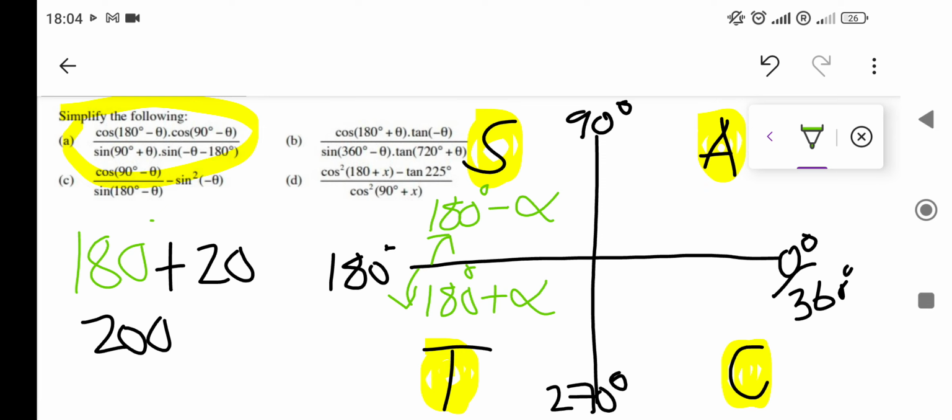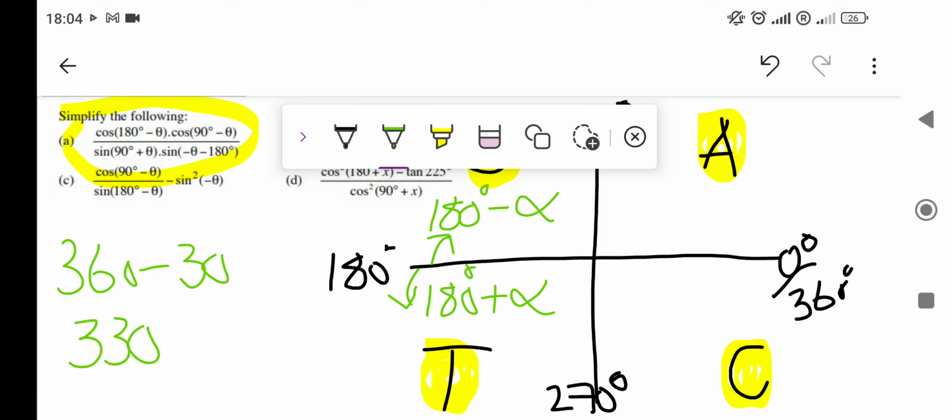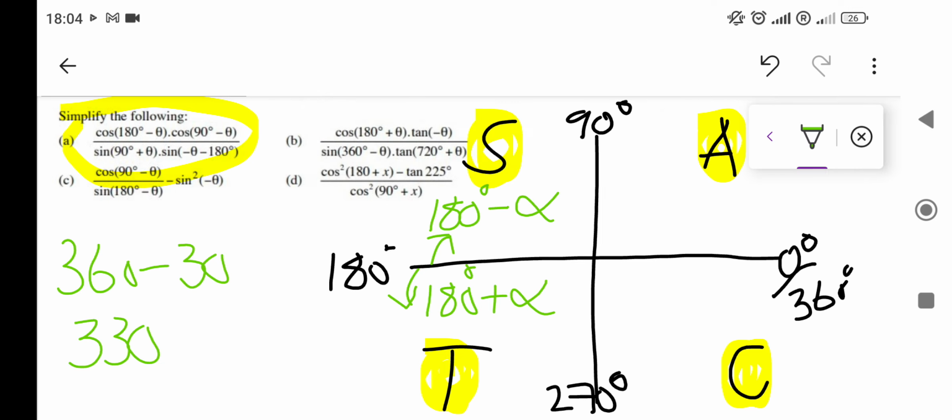Then if we look at 360 degrees, if I say 360 minus a certain acute angle, let's go with 30, so 360 minus 30 is 330. If I measure from my positive x-axis anti-clockwise 330 degrees, I'll probably end up with something over there. So 360 minus a certain acute angle, alpha, puts me in my fourth quadrant.